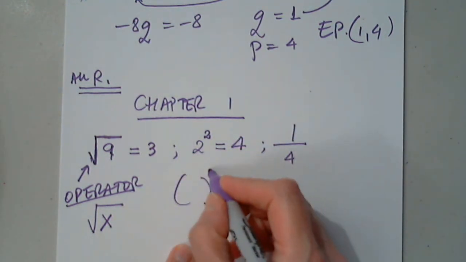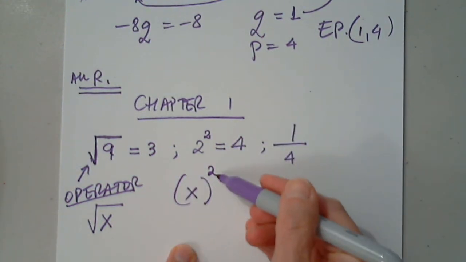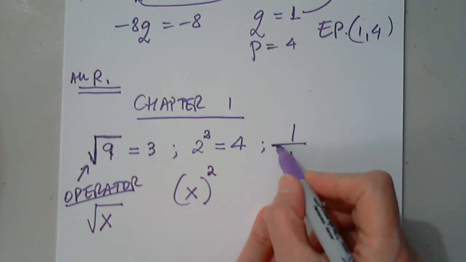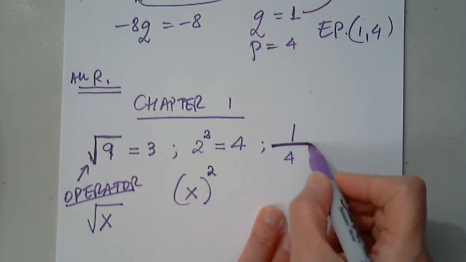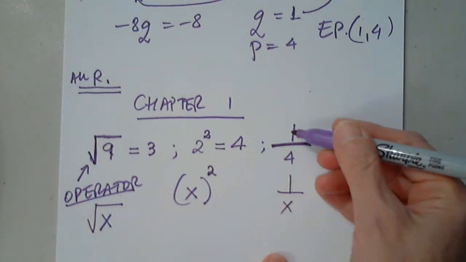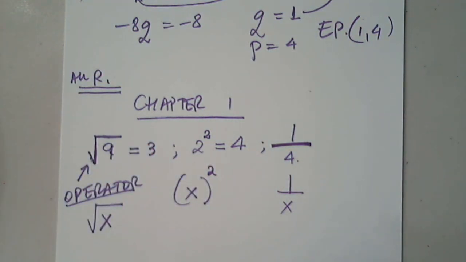What is the operator? The operator of power 2. What does the operator of power 2 do to x? It squares, and so on and so forth. This is an operator as well. It's the division operator. It says divide 1 by x, and in this case, x is 4. So all these are operators.